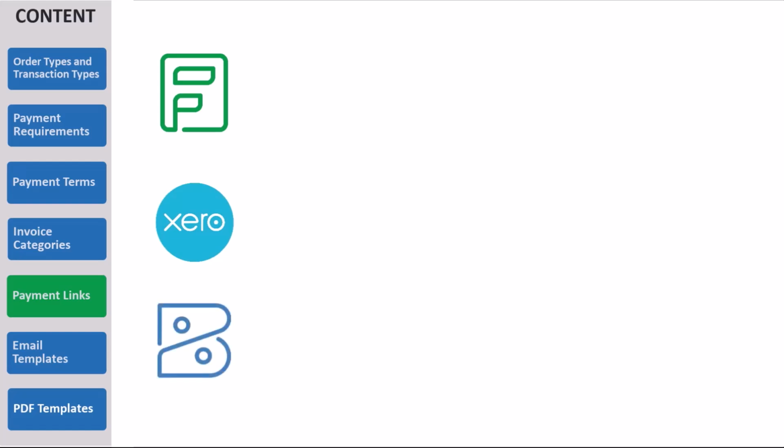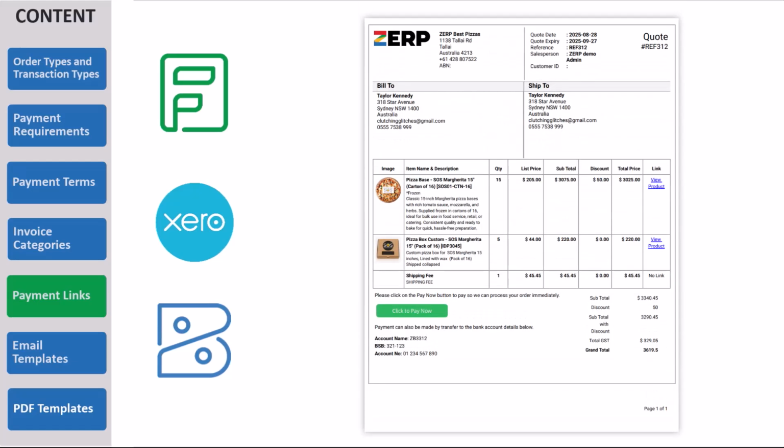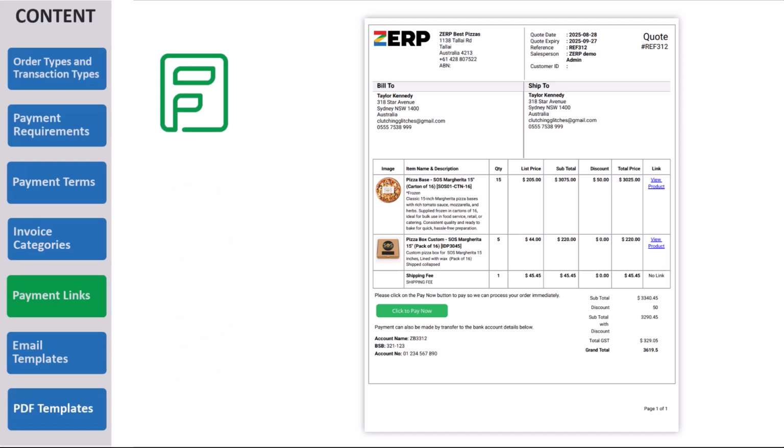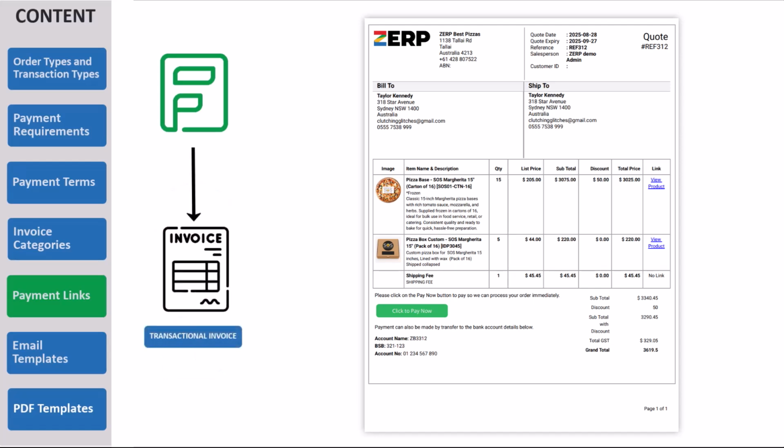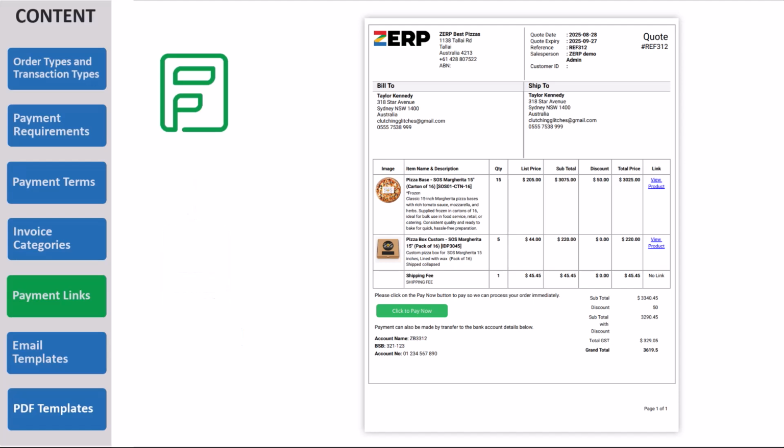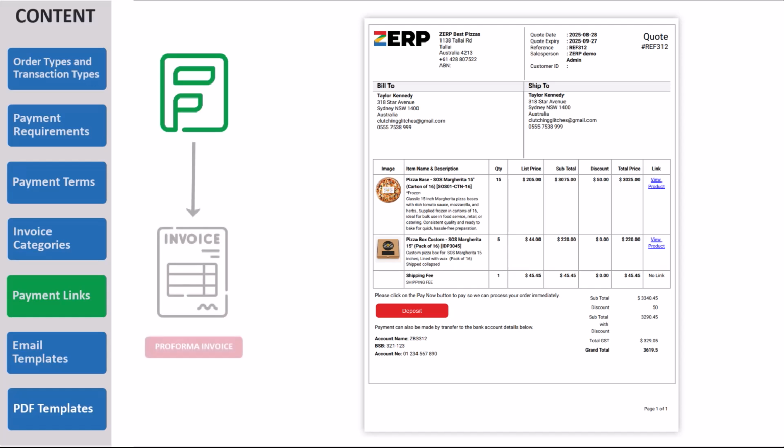If the Pay Now link is for the full payment of a submitted quote, the Pay Now link is generated using Zoho Forms. The successful payment will automatically generate the transactional invoice. If the Pay Now link is for a deposit payment of a submitted quote, the Pay Now link is generated using Zoho Forms. The successful payment will automatically generate the Proforma Invoice.